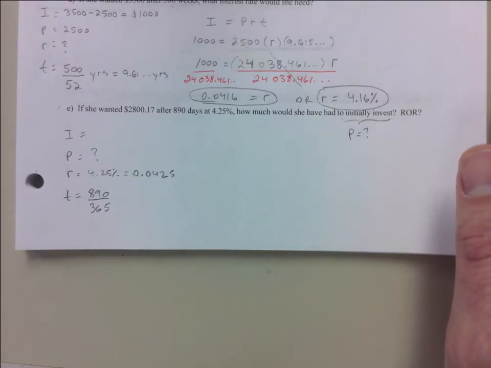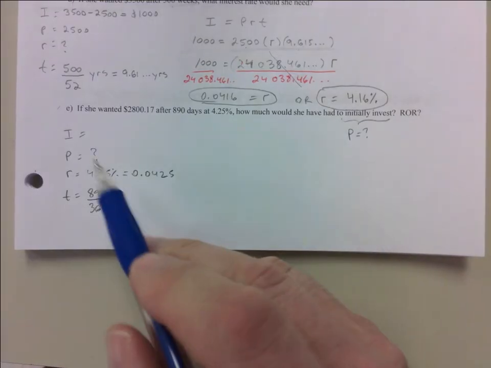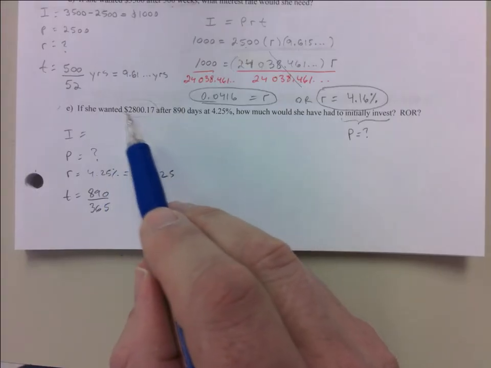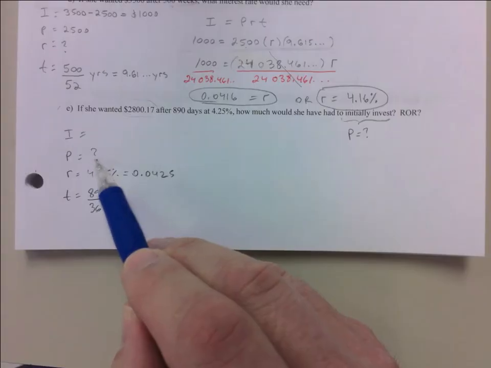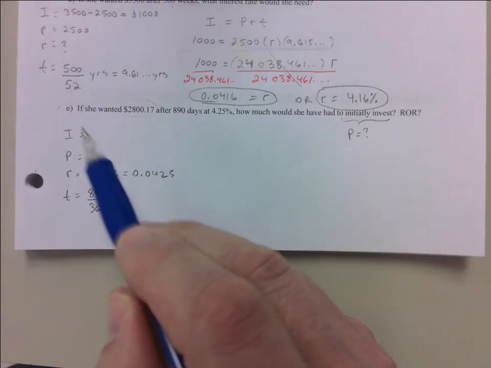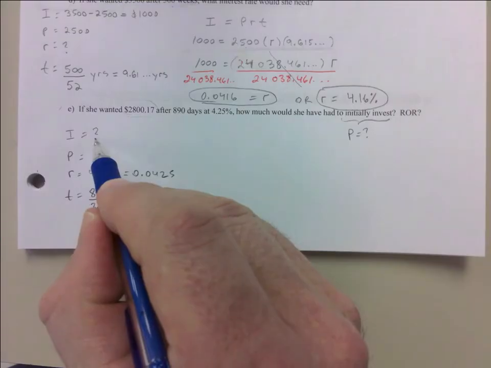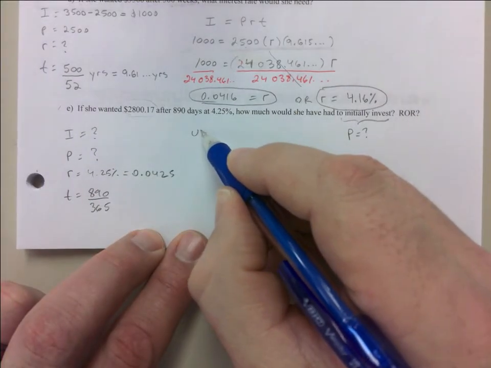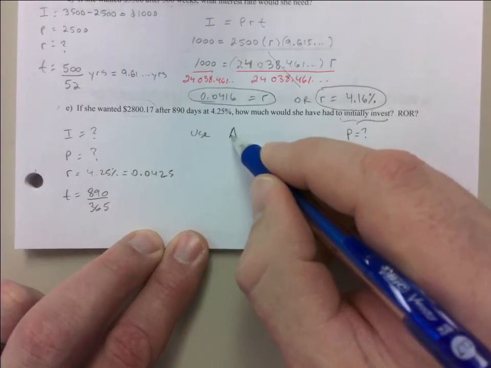Interest. Do I know that one? Unfortunately, I don't know. I just know I want this much money, and I don't know how much I need to start with, but I want that much money. I also don't know this one. So technically, use this formula.